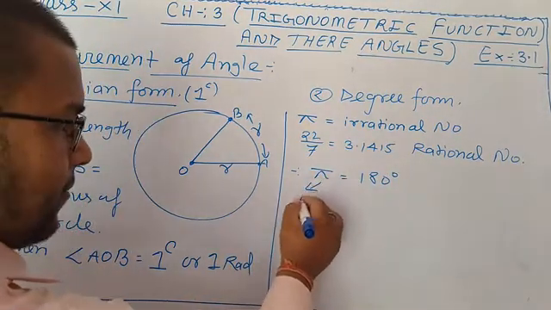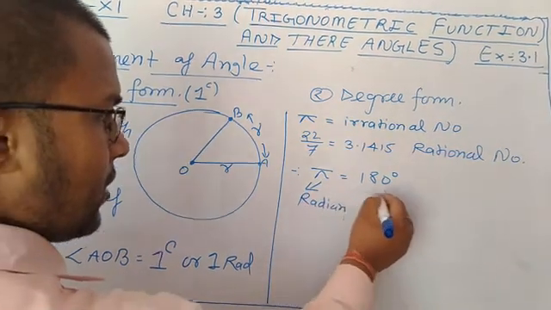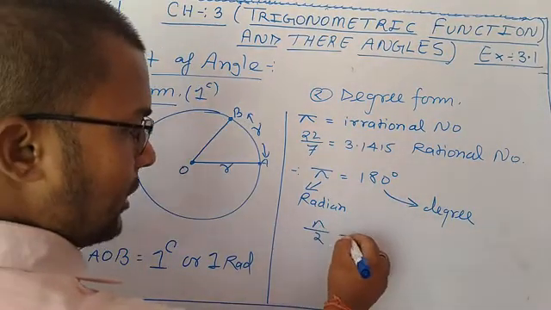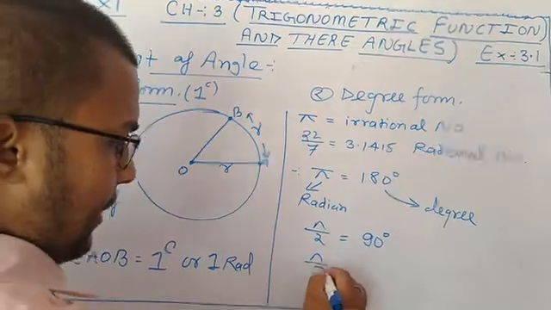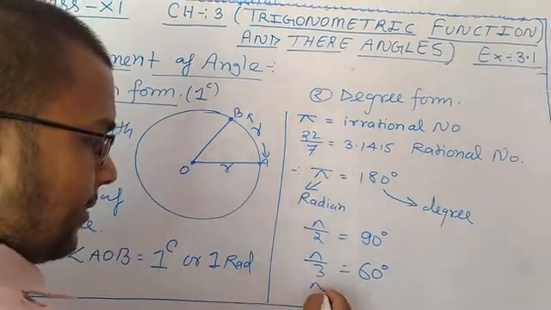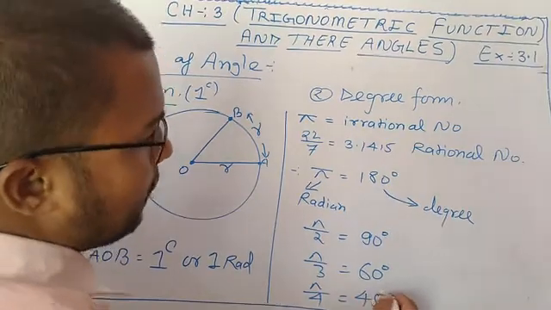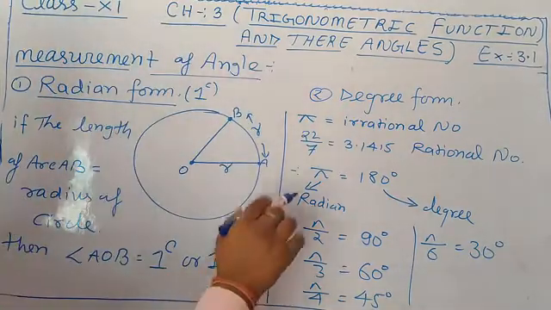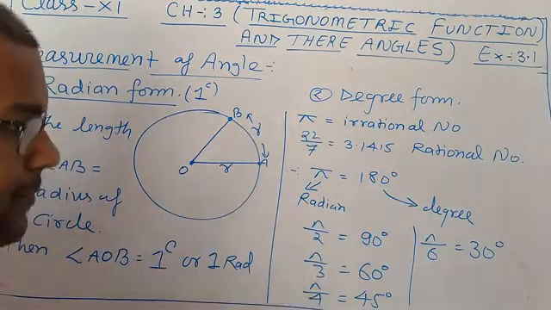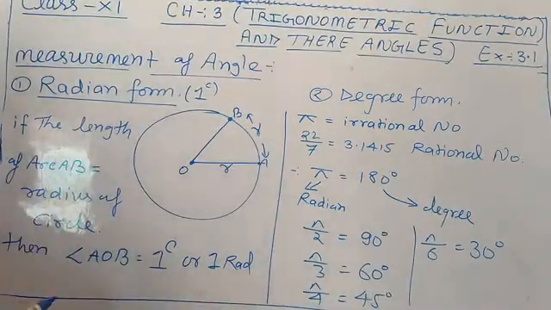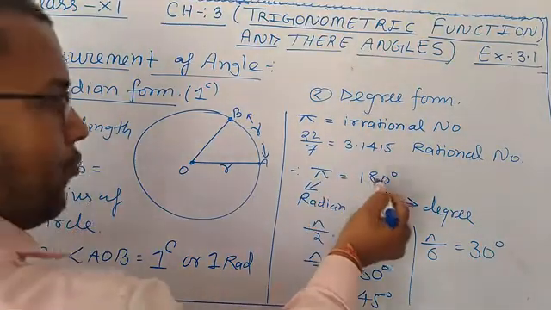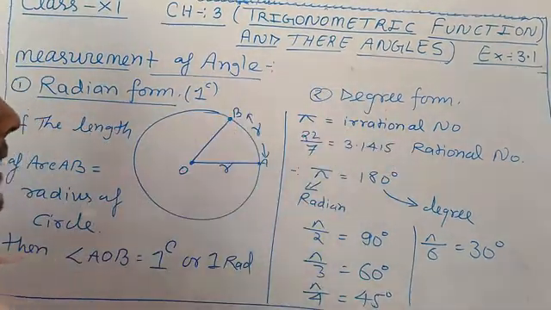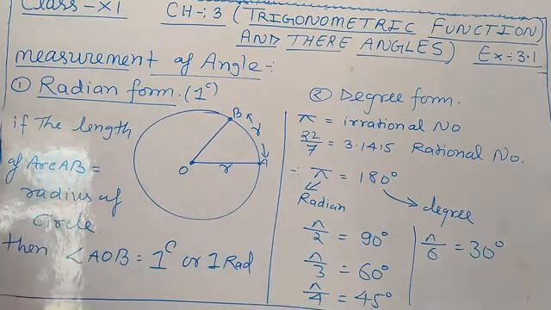So this is the radian form, and this is the degree form. Pi by 2 is equal to 90 degrees, pi by 3 is equal to 60 degrees, pi by 4 is equal to 45 degrees, and pi by 6 is equal to 30 degrees. So pi by 2, pi by 3, pi by 4 and pi by 6 are in radian form, and 90, 60, 45 and 30 are in degree form. Okay students, write them.